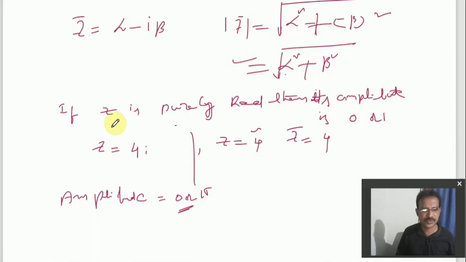This is the statement actually: if z is purely real, then its amplitude is either 0 or pi.